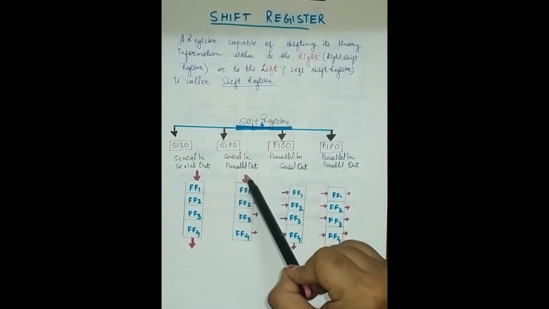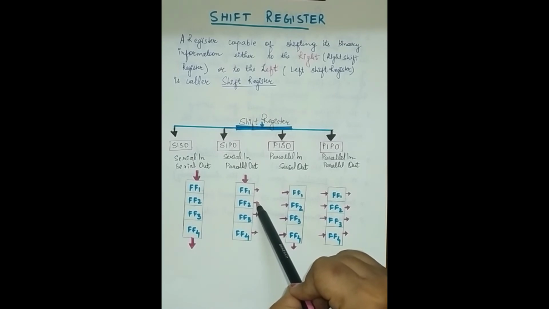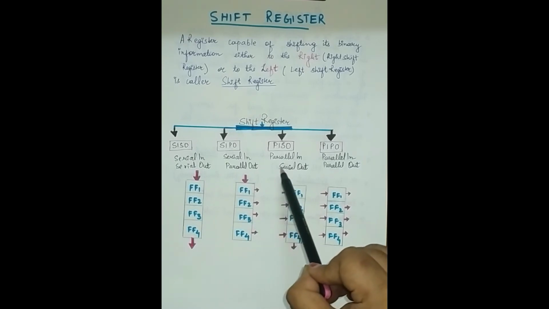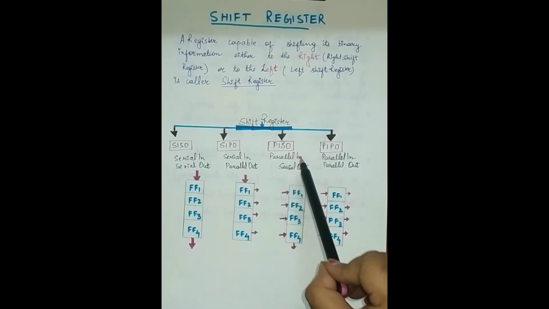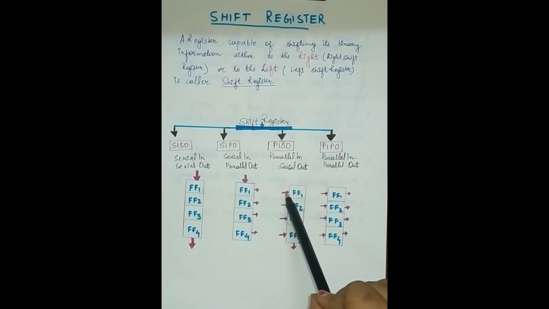In serial in, parallel out, we enter the data serially and we take out the data in parallel, meaning from the first flip-flop the output will be taken out, again from the second it will be taken out, again from the third flip-flop, and so on. Next is parallel in, serial out. In parallel in, we enter the bits to each flip-flop and we take out the output from the last flip-flop.